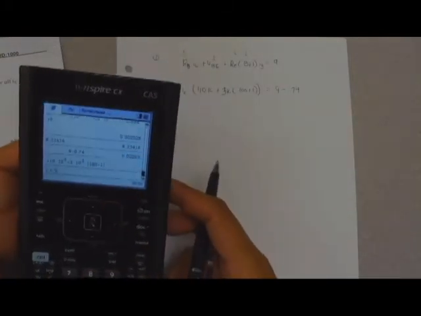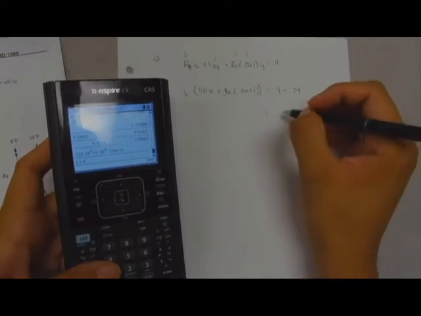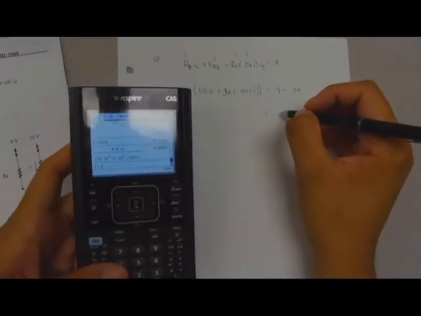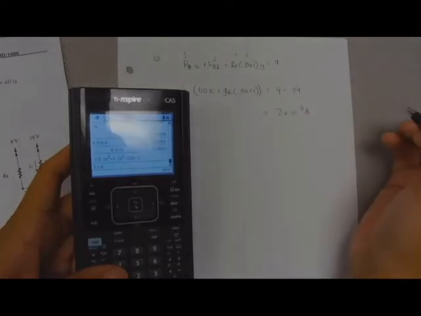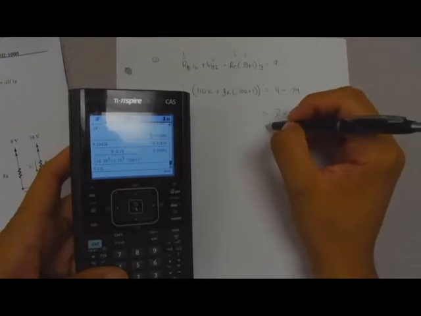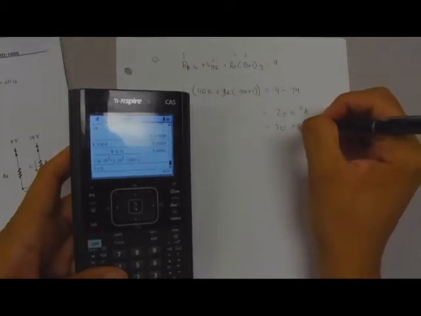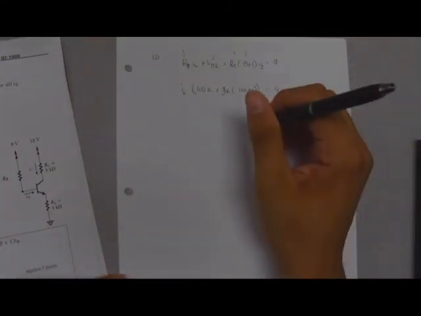And that gets us a value of 2 times 10 to the negative 5 amps, which would be 20 microamps is IB.